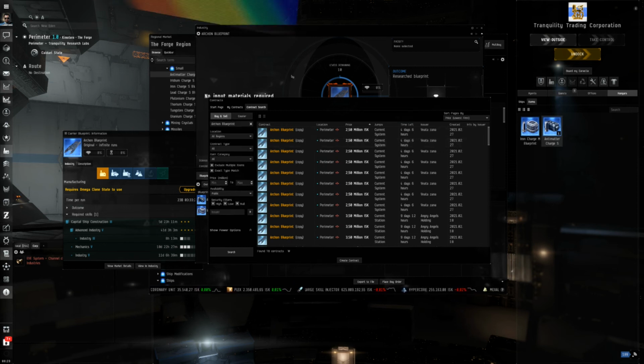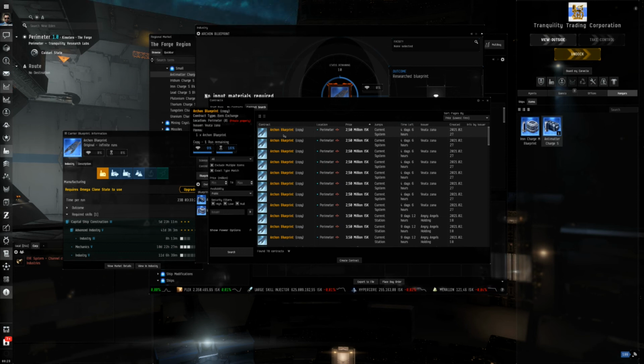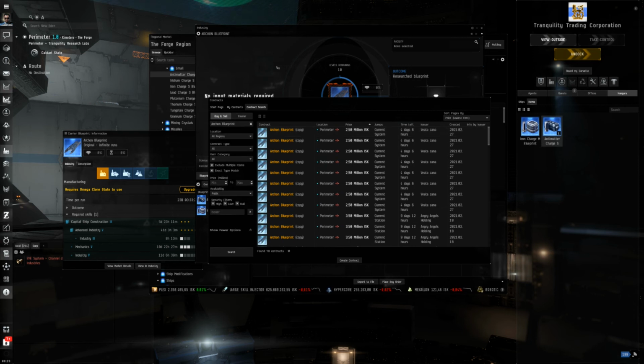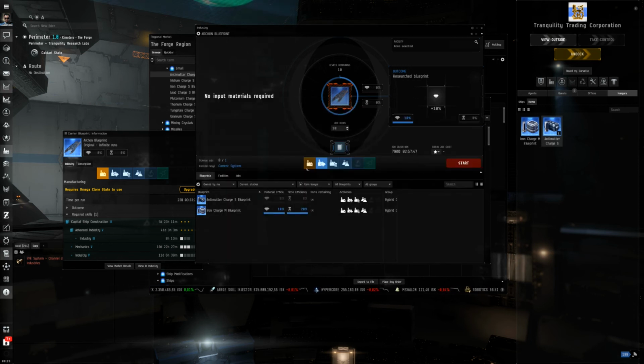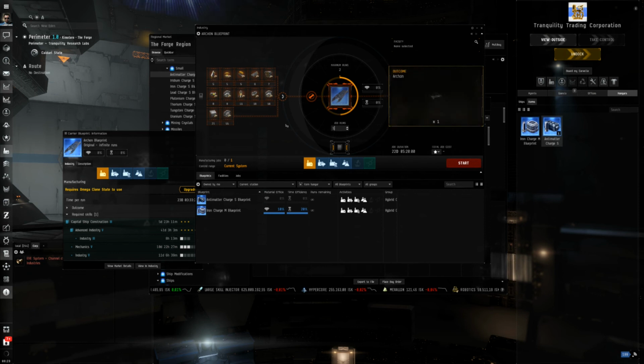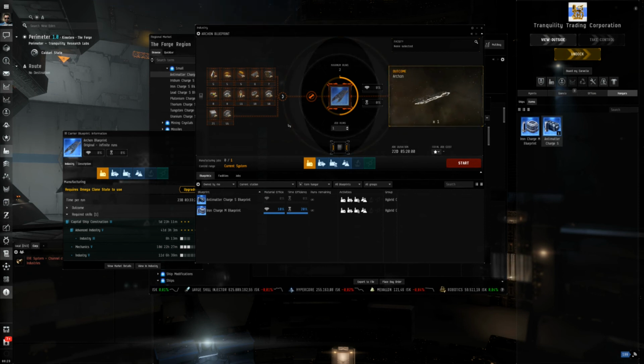And this is also a reason why you may want to copy a fully researched blueprint, or in this case even a not completely researched blueprint. Because it does not make sense to fully research all blueprints.